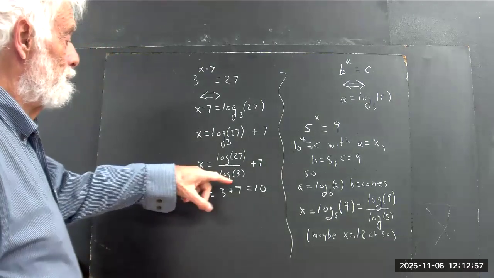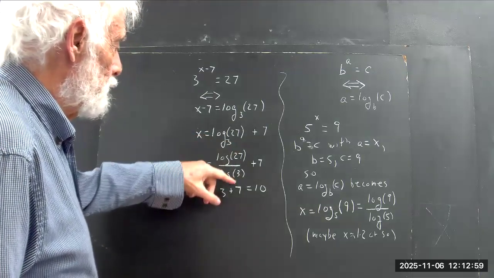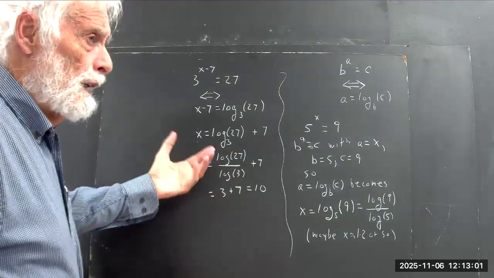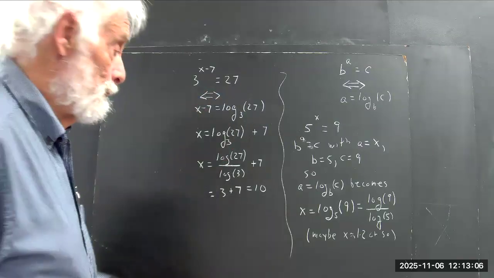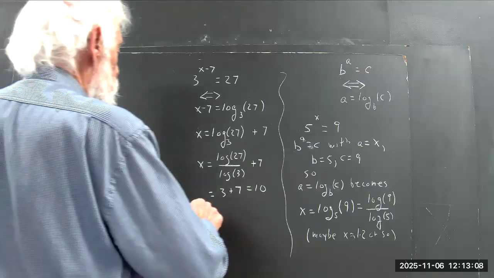Now, it just turns out that the log of 27 over log of 3 is 3 because the log base 3 of 27 is 3. Why is the log base 3 of 27 equal to 3?